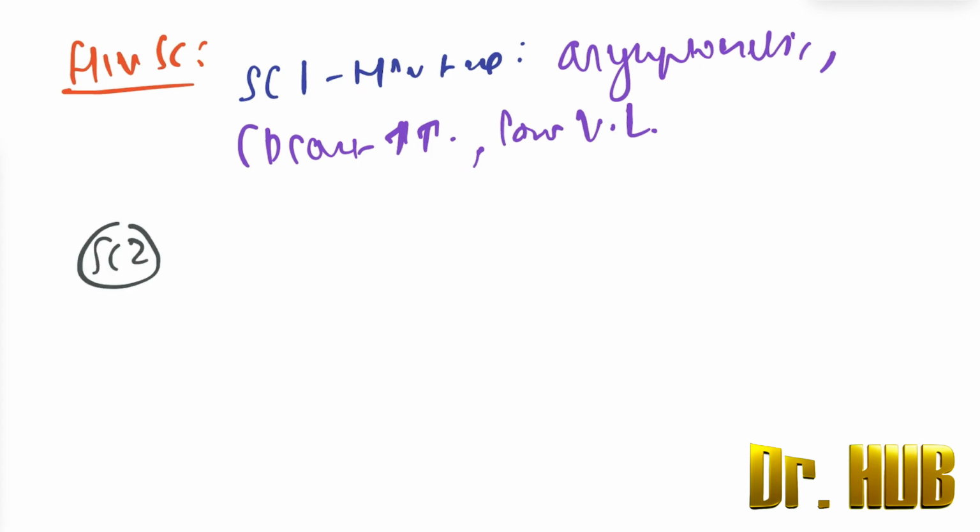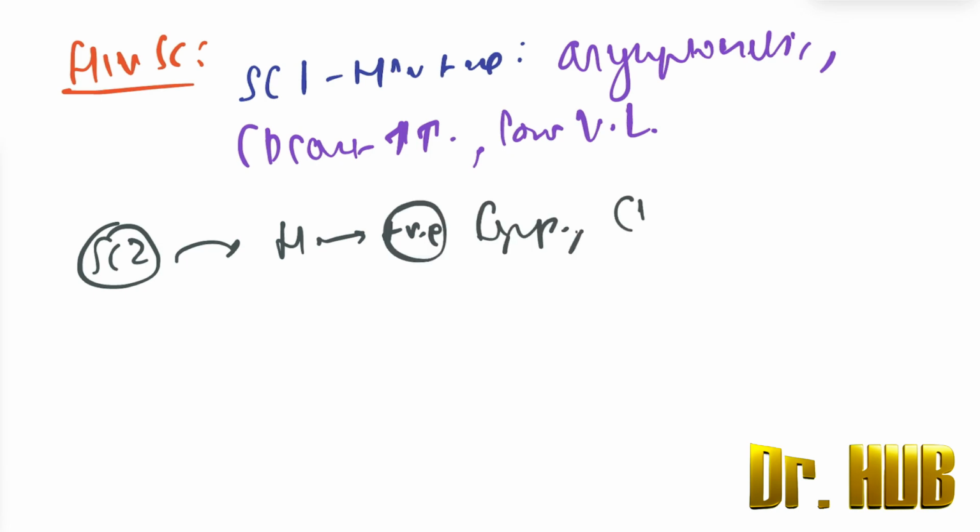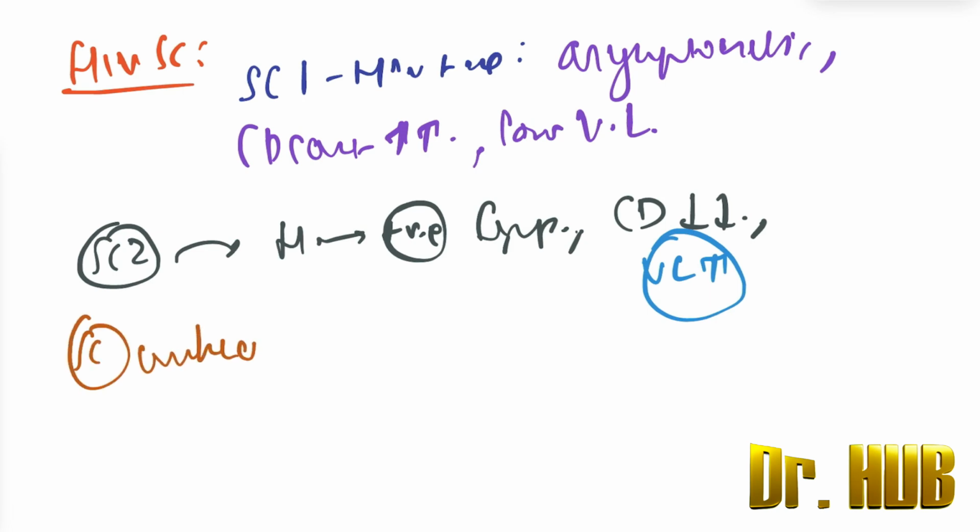In case of SC2, again HIV positive but symptomatic; the CD4 count will be low and the viral load high. So it is completely opposite in case of SC2. Next is SC unknown, where the HIV status remains unknown.